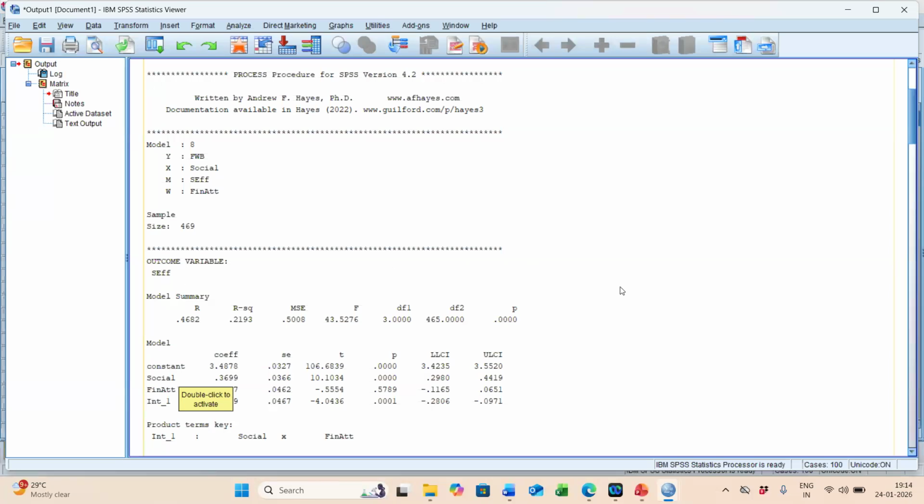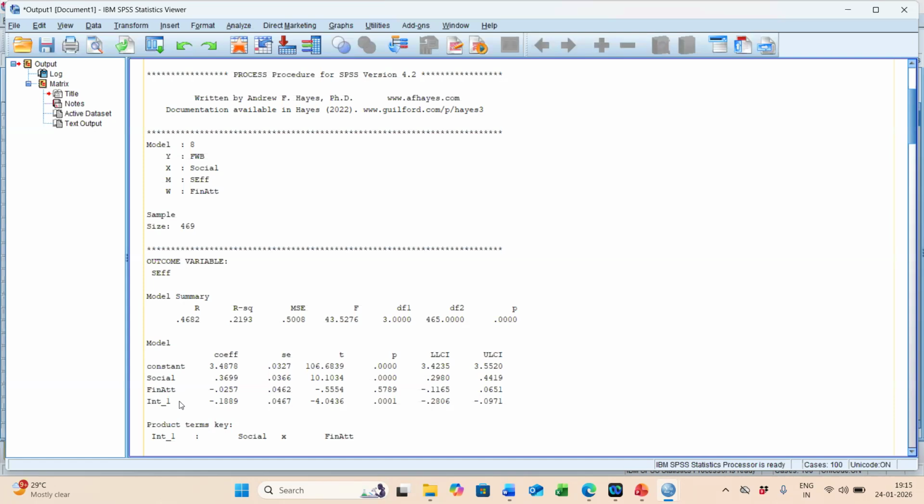So you can draw a diagram showing self-efficacy as the dependent variable, and socialization, financial attitude, and the interaction of financial attitude as three different independent variables. Okay, you can draw a diagram.